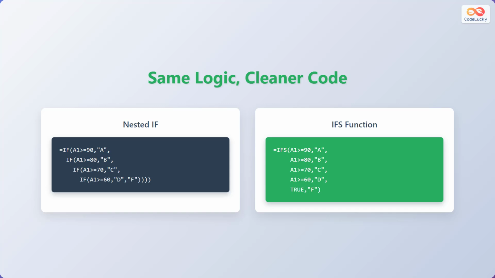The IFS function provides a cleaner approach. =IFS(A1>=90, "A", A1>=80, "B", A1>=70, "C", A1>=60, "D", TRUE, "F"). Both formulas achieve the same result, but the IFS function is more straightforward and easier to read.